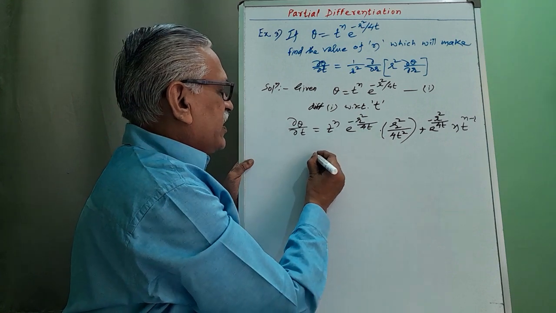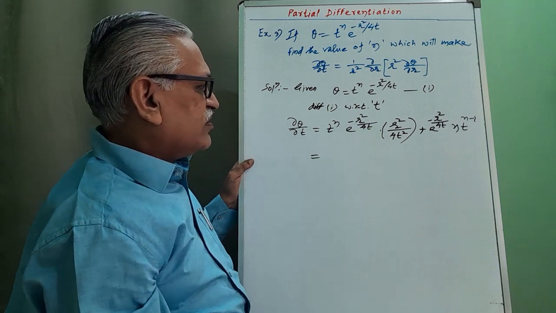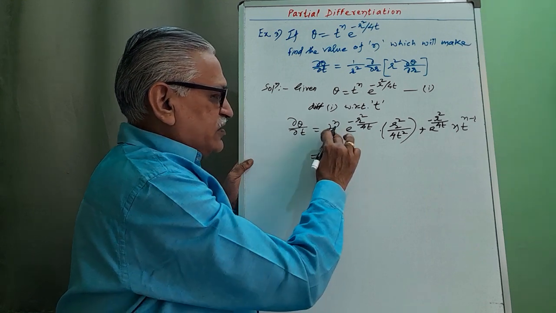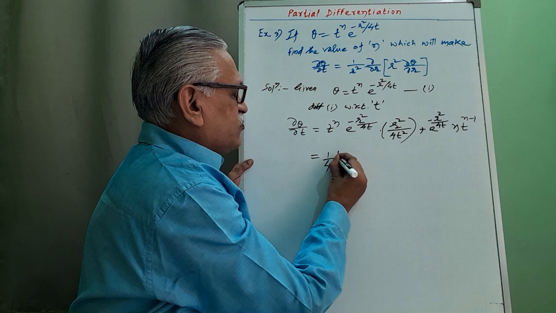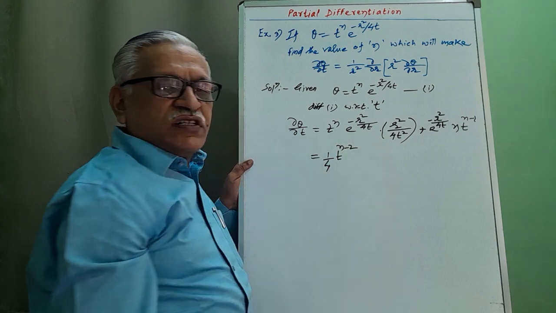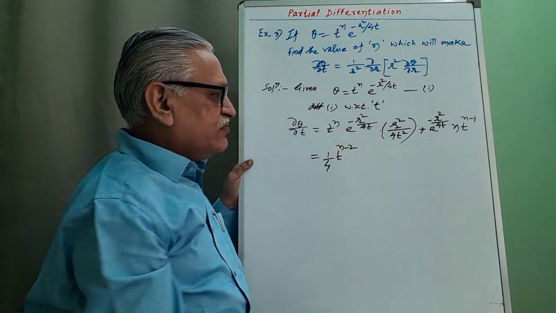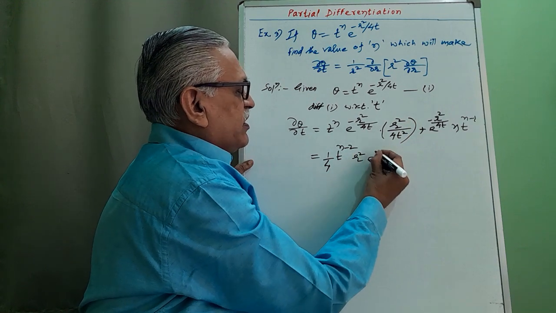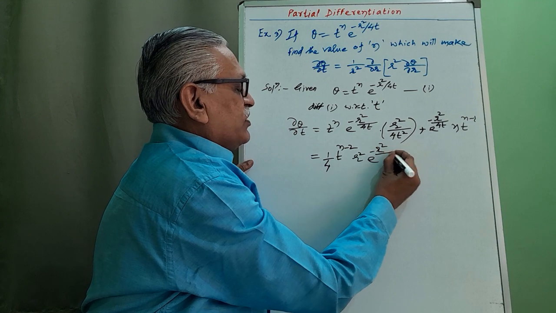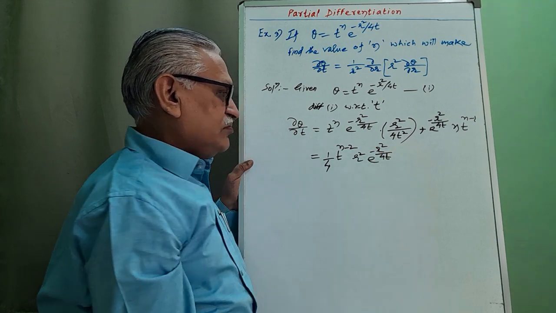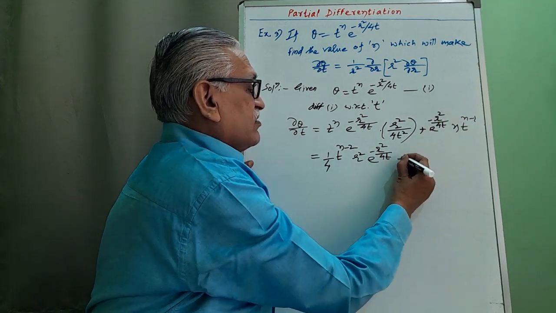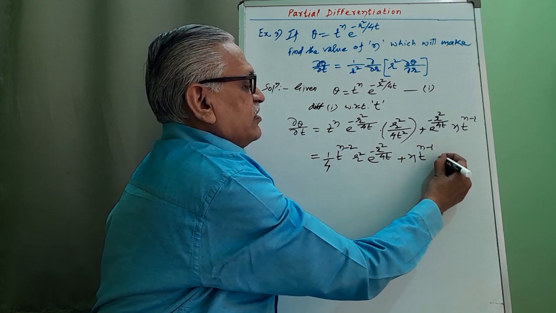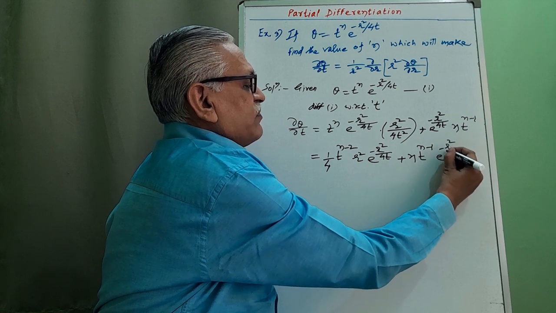Simplifying it, we get this is equal to 1 by 4, t raised to n divided by t square becomes t raised to n minus 2, transferring this term to the numerator, into r square into e raised to minus r square by 4t, plus n times t raised to n minus 1 e raised to minus r square by 4t.